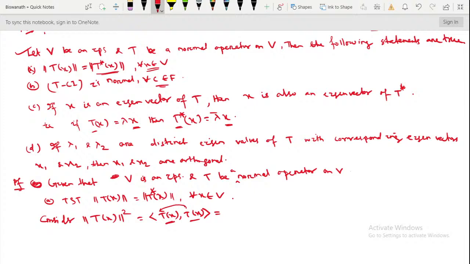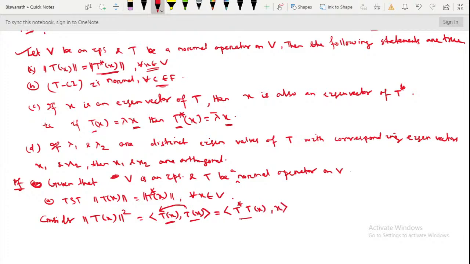If this T goes from the second vector to the first vector, then there will be a star. That means I can write this as the inner product of T star of Tx with x.